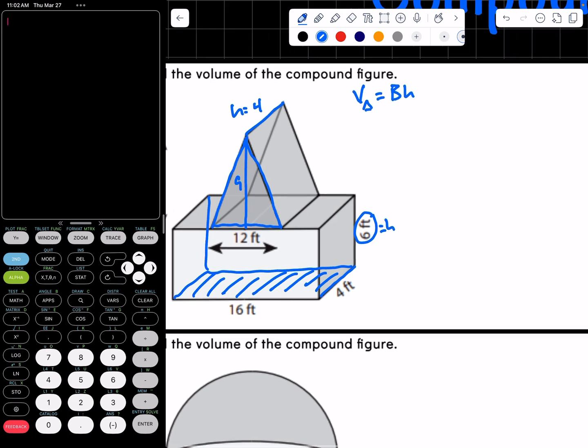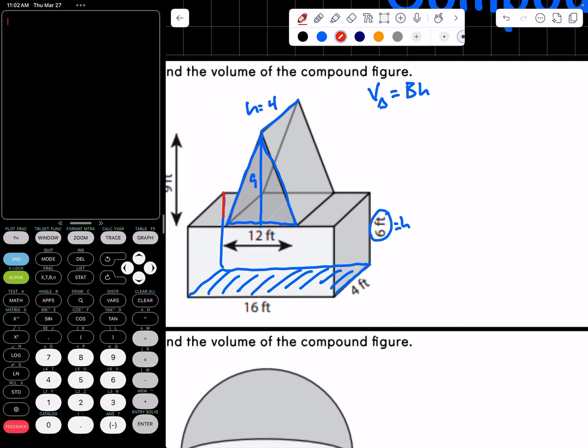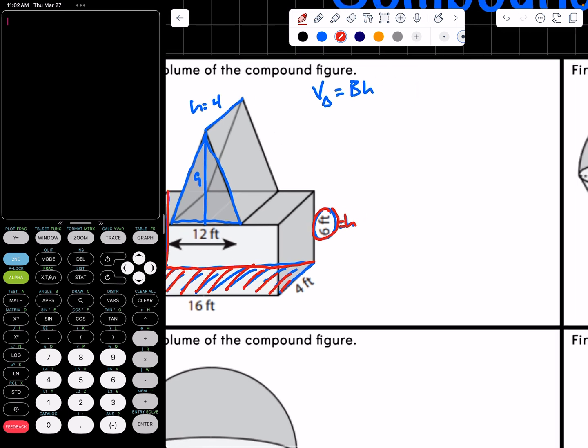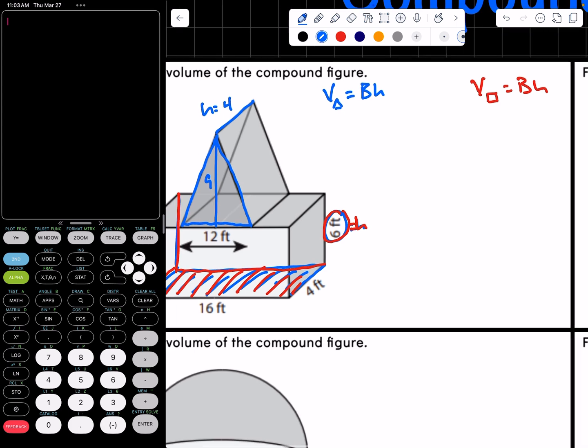Same thing for our rectangular prism, which is also base times height. However, getting to those bases is going to be a little bit different.